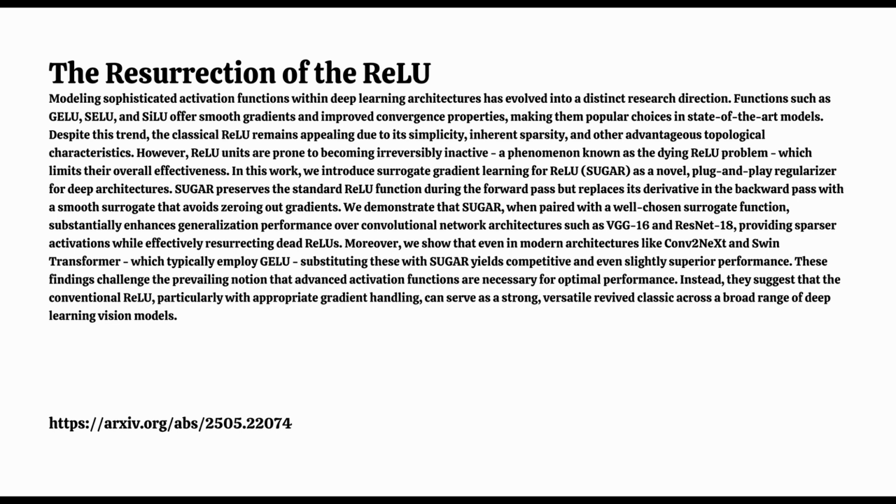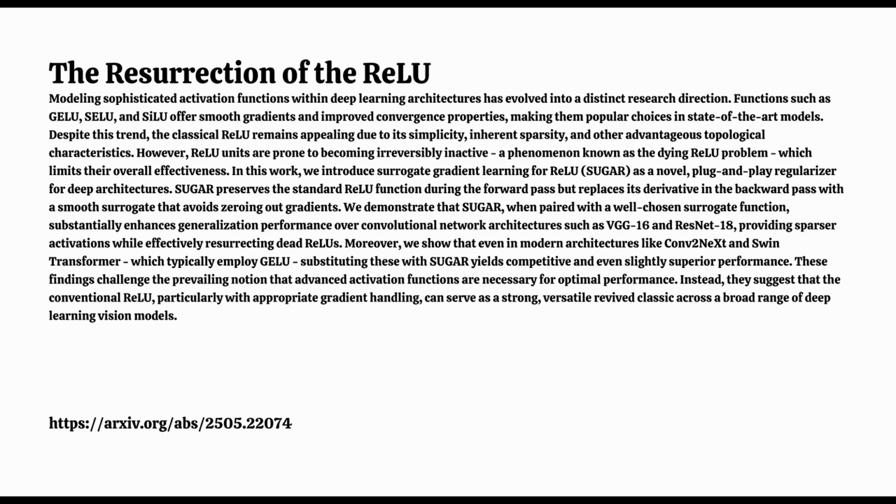So, wrapping this up based on the source material, the main conclusion seems pretty clear. Adding this surrogate gradient learning, sugar, to classical ReLUs makes them powerful competitors again. Yes, it really seems to revitalize them. The evidence suggests it enables more robust training dynamics, significantly improves generalization, and directly tackles that long-standing dying ReLU problem. While still keeping some of the benefits like sparsity.